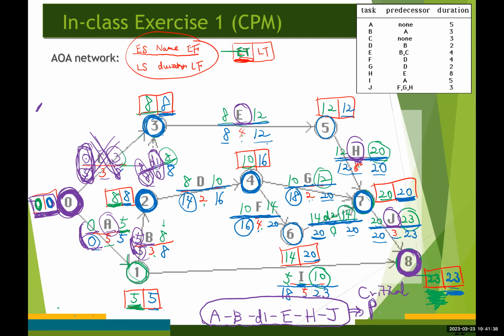So this is the critical path, and those are the critical activities. You don't need to include the dummy activity, because we artificially included it, so it's not necessary to include it in the critical path.